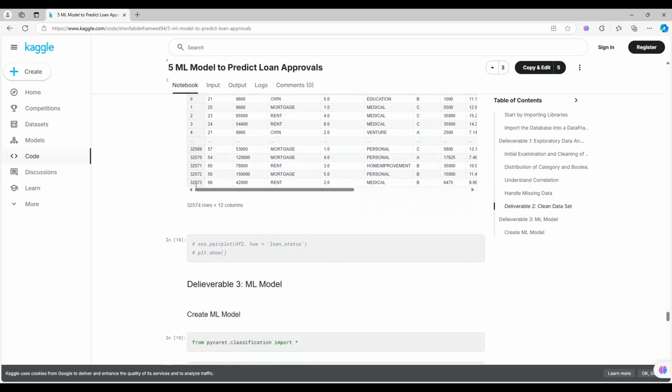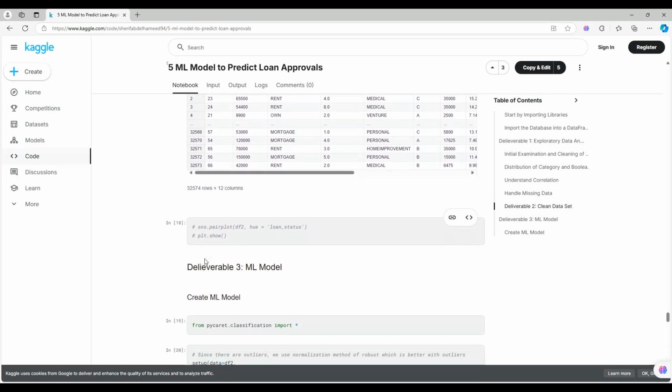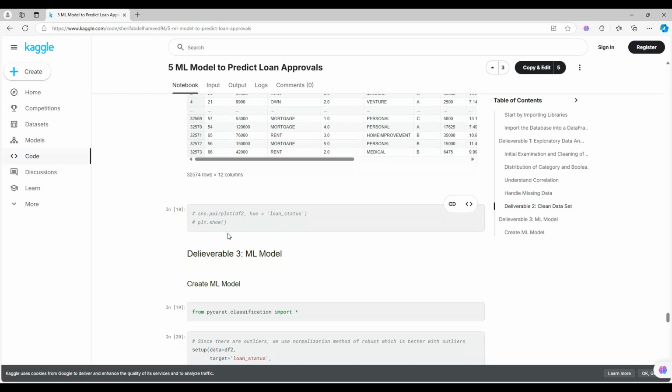So we can use this pair plot command based on loan status and show the distribution. But the idea is it takes a long time and a lot of resources, so I hash it out once we are doing something else. But it could be useful if you are trying to explore the data further after you have cleaned it to use this function.